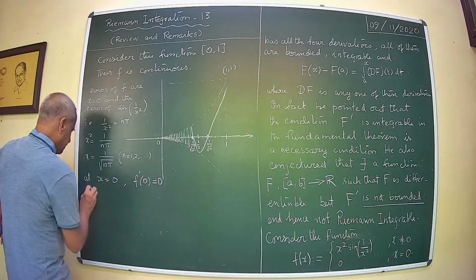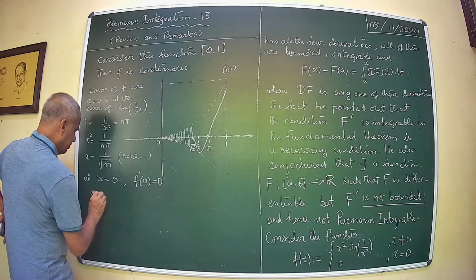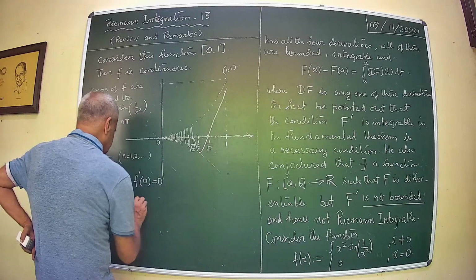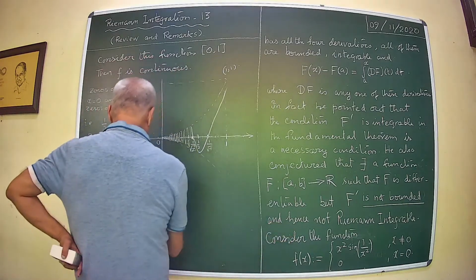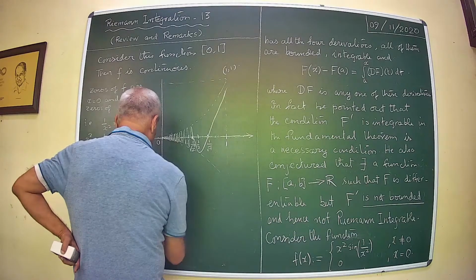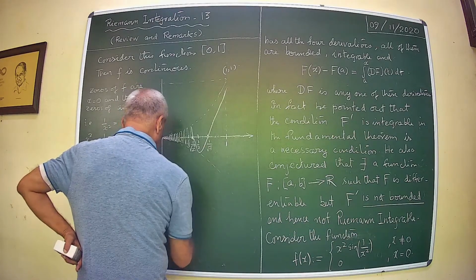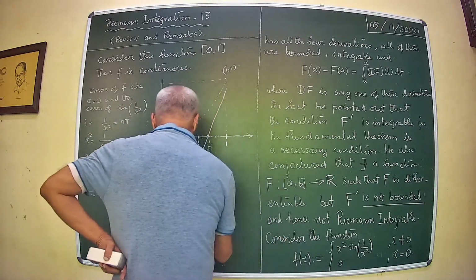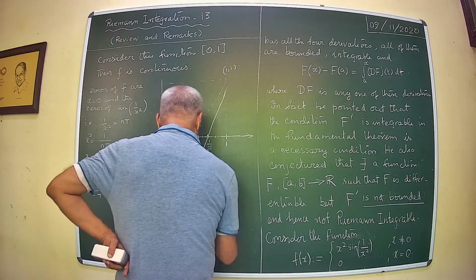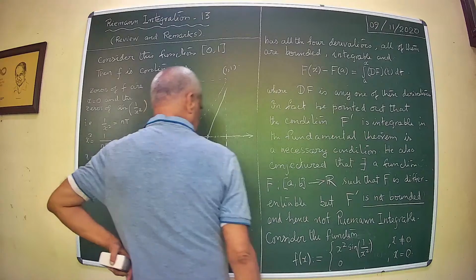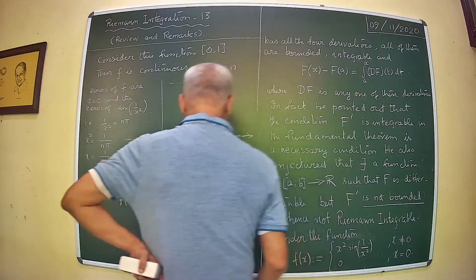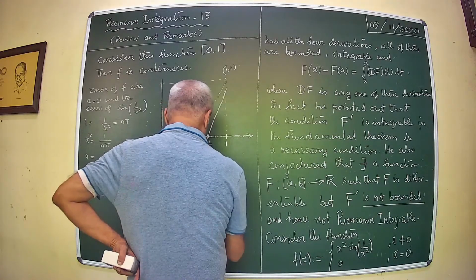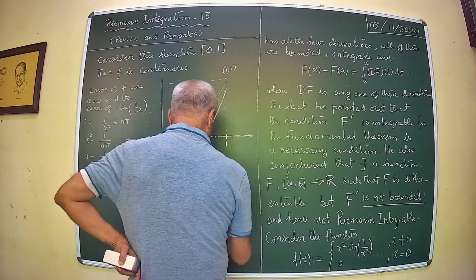Now when x is not equal to 0, compute the derivative. F derivative of x is equal to 2x sin 1 upon x square minus 2 by x cos 1 upon x square.